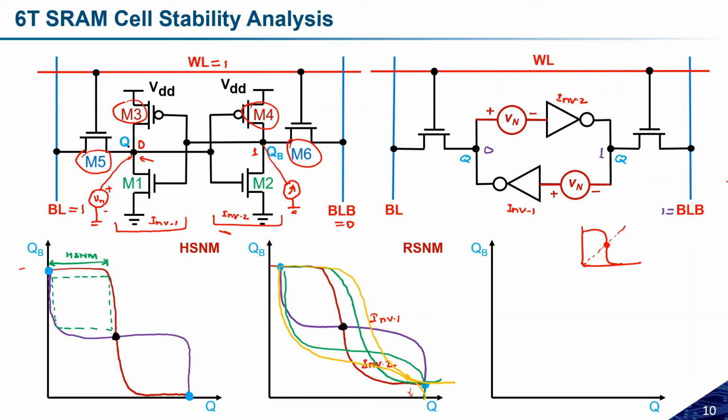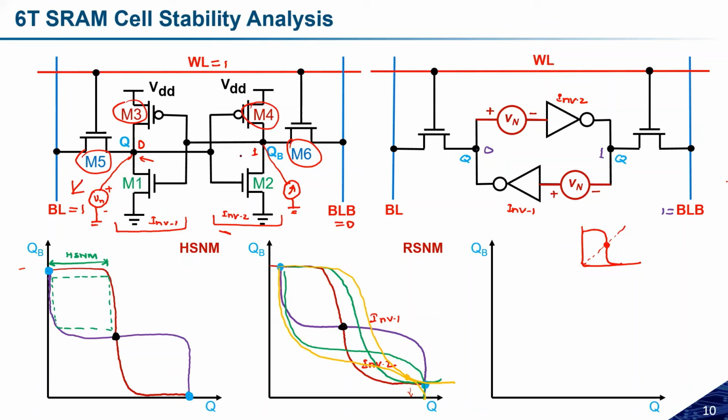While writing the data, we have two nodes which are opposite in nature. See here, which I just told you, if the logic stored at Q is 0, in that case this Vn should be from 0 to 1.